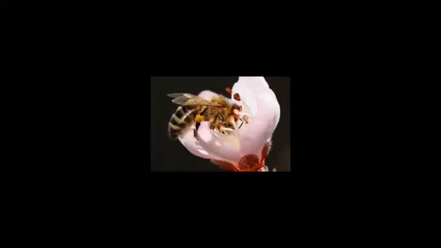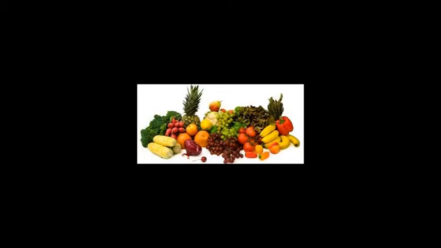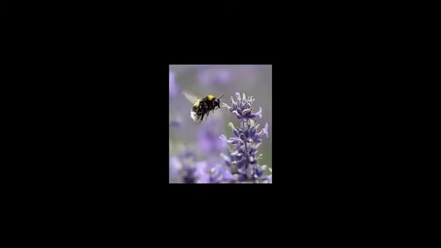Well, there's a lot of things that are going on now, and one of the biggest things is the awareness of the necessity for protecting species like honeybees. We need pollination in order for us to eat the fruits and vegetables and things that we need as a species as well.